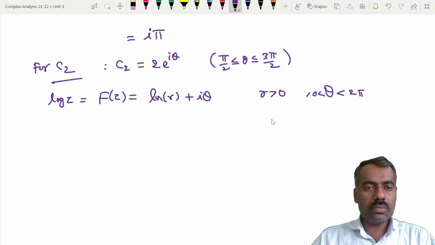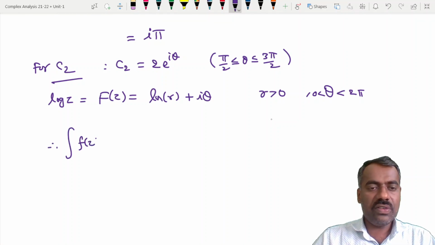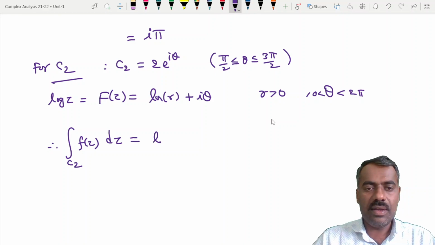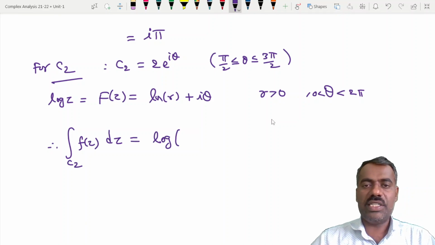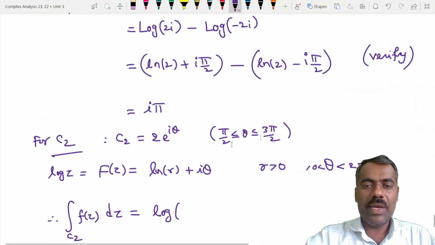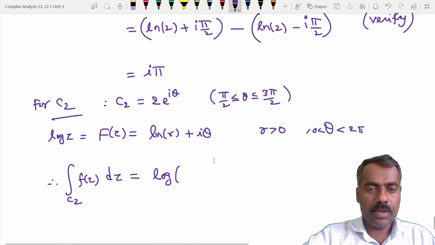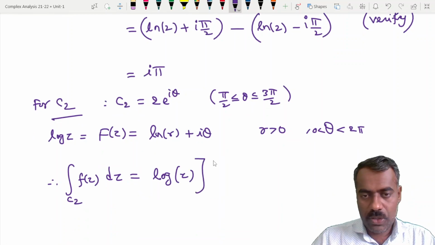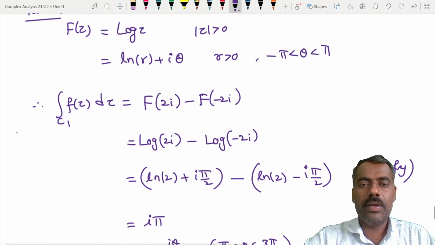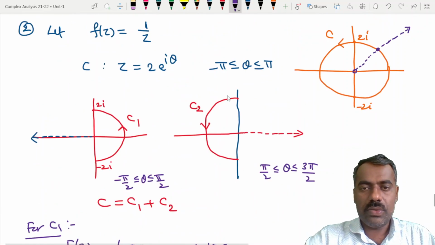Therefore, the integration of f of z over C2 dz is nothing but this log z, starting from this pi by 2 to 3 pi by 2. So this is nothing but log z from 2i to minus 2i. You can see here for C2, this is 2i and this is minus 2i.